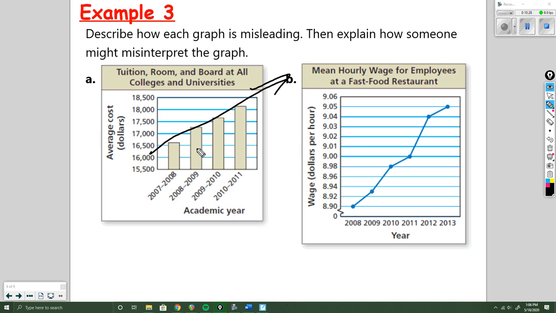One thing that is a little interesting, though, is if we take a look at the 2007 to 2008 school year, and then the 2010 to 2011 school year, holy moly, this looks like the tuition, room, and board doubled from this year to this school year.